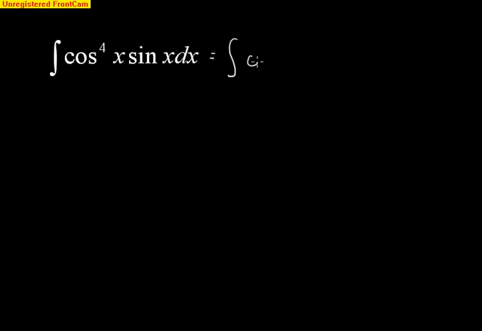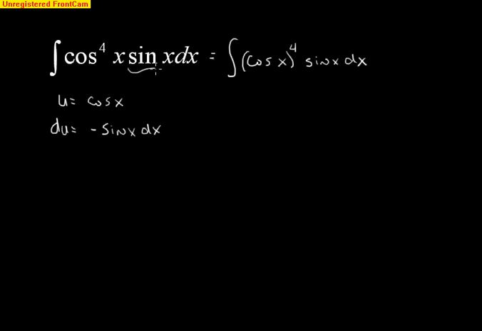I'm going to write this as cosine of x quantity to the 4th times the sine of x dx. This will help us see that we're letting U equal something that's inside. So I know that I'm going to let U equal the entire trig function. So I'm going to let U equal the cosine of x. And the derivative of cosine is negative sine x dx.